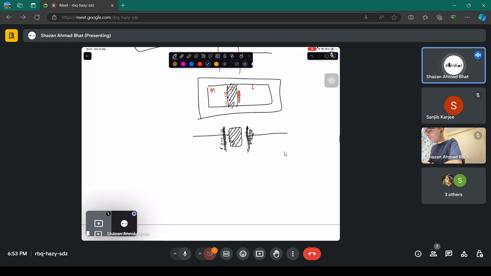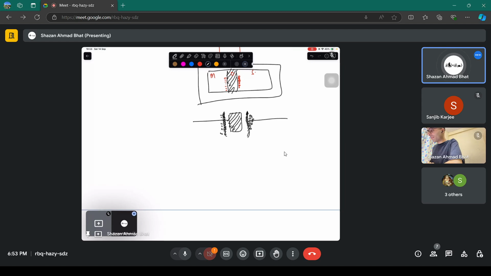This is like a capacitor. You can model it as a capacitor, where the capacitance is epsilon A divided by d, where this is epsilon oxide, this is the area of the plates, and this is the distance between the metal and the semiconductor. That means this is actually the thickness of the oxide. A simple electrostatic problem.